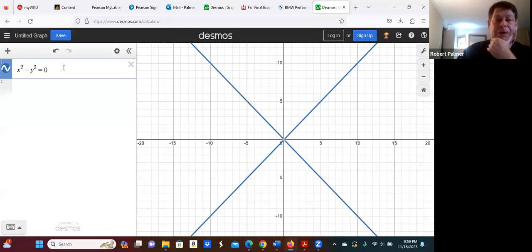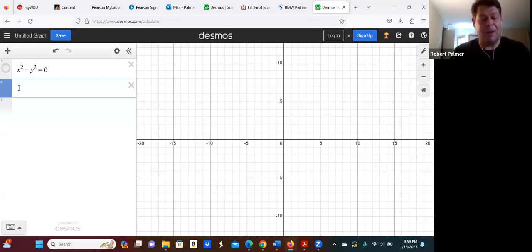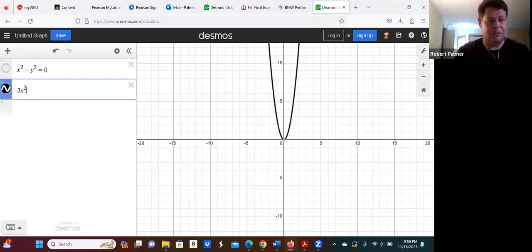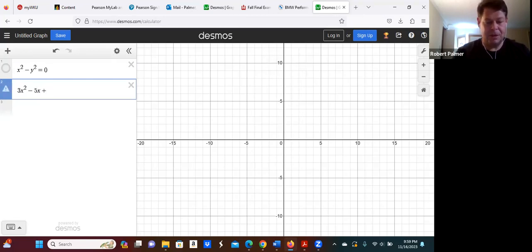Let's also do a few more complicated ones. Let's blank this one out for a moment. What if we have something more complicated like this? Let's say we have 3x squared minus 5x plus 2y squared plus 4x equals 6.